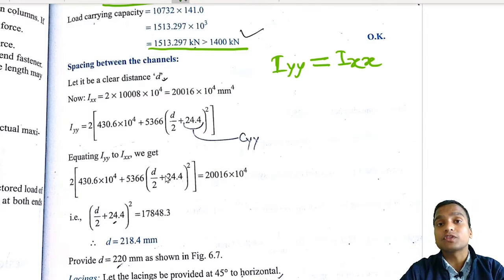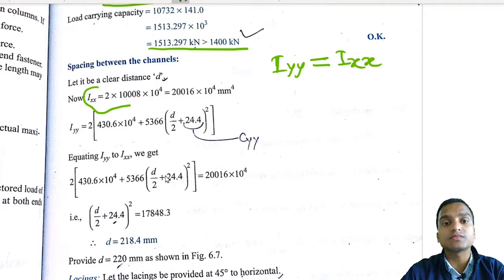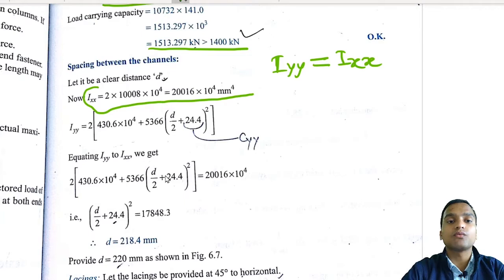And from the steel table we can get the value of the area of the channel section, and the values of IYY and IXX for an individual channel section are already given in that, or from the back tables in IS 800. So the IXX value is equal to 2 times this value, because there are 2 channel sections. So the IXX value is given. Now we have to calculate the value of IYY.